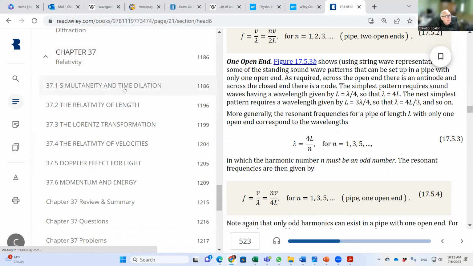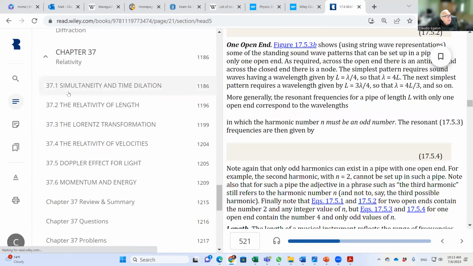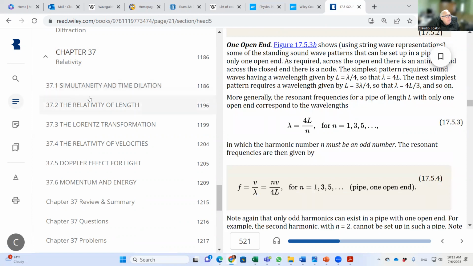Once you have time dilation, you have that problem in simultaneity: events that are simultaneous in one referential will not be simultaneous in the other, which was exactly what you saw in that video of the Mechanical Universe. The relativity of length is the length contraction. Lorentz transformation, we did them. Relativity of velocity, which is derived from the Lorentz transformation. We did the relativistic Doppler effect, and we did momentum and energy. So we are done with this chapter.